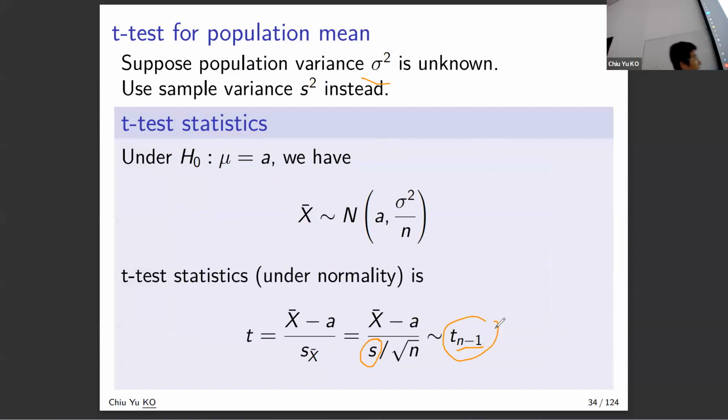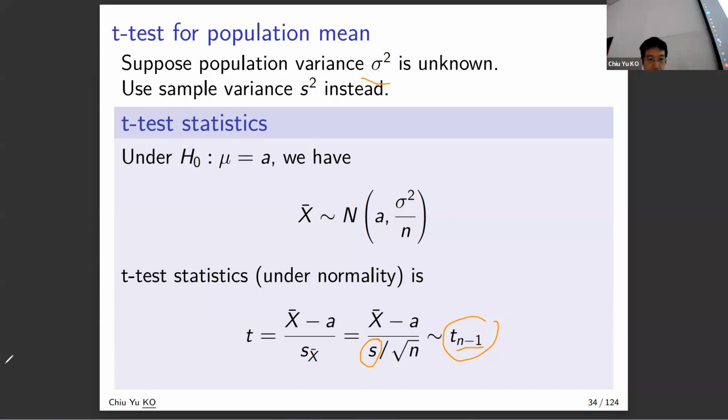Later you will see it's not always N minus 1, it can be N minus 2, N minus something as well. But in the topic we talk about today it is always N minus 1, so don't need to worry about that. You have to worry about which to check next class. For this class, it's always N minus 1.